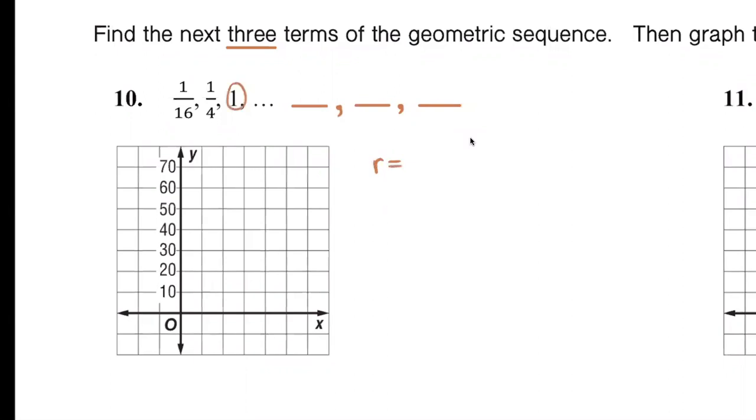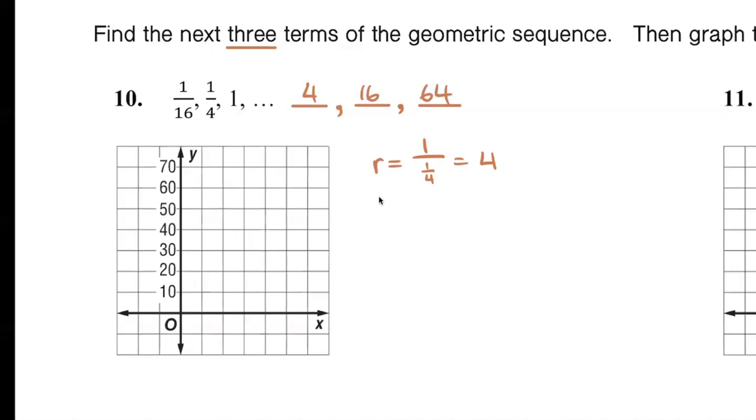What I would do is use these 2 terms, because I think it's a little easier than the first 2. So I would do 1 divided by 1/4, which gets me 4. Since R is 4, I multiply to get to my next term. 1 times 4 gets me 4. 4 times 4 is 16. 16 times 4 is 64.